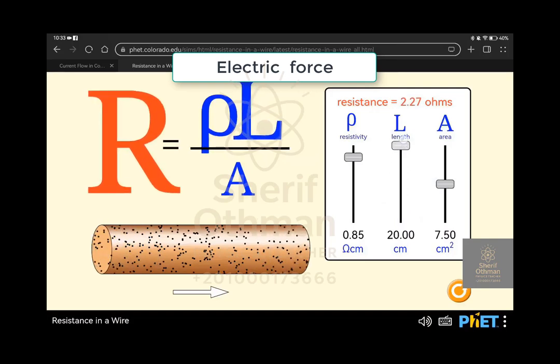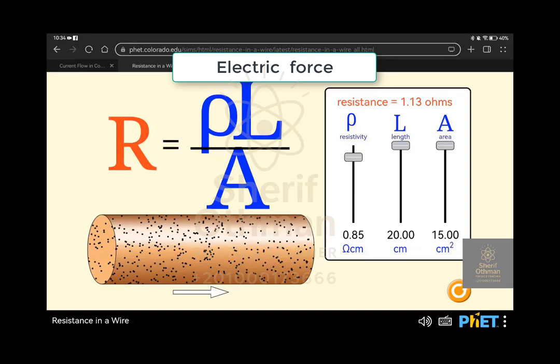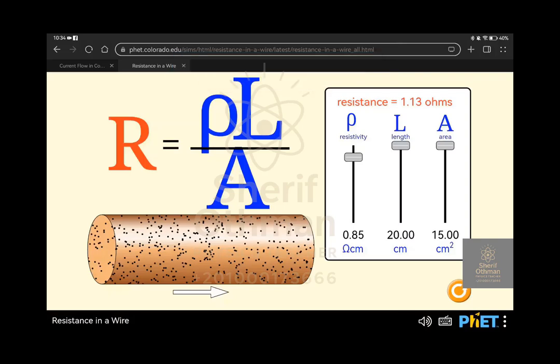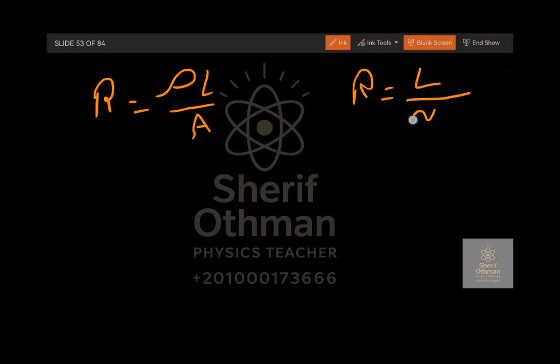If the length increases, that means R also will increase. If the area increases, R will decrease. So, it shows the relation between three physical terms: resistivity or conductivity, depending on the given, and length and area. R is equal to rho L over A, or R equal to L over sigma A. What is the difference between them?